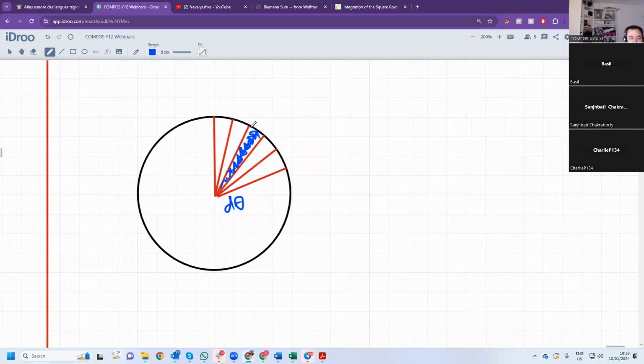The area of this sector is approximately 1/2 r squared sine theta. It's approximately the angle of the sine theta, and for small angles, it's approximately 1/2 r squared theta.